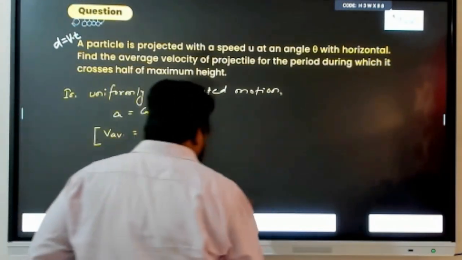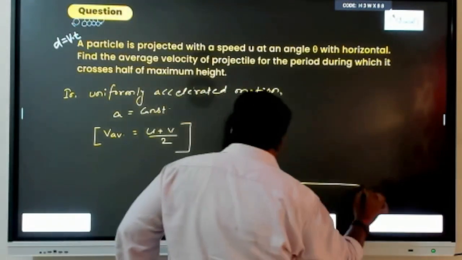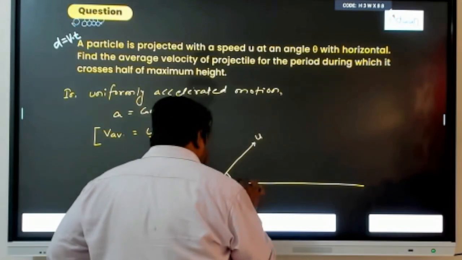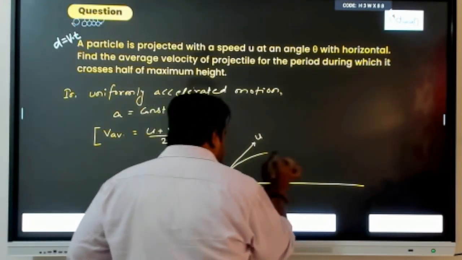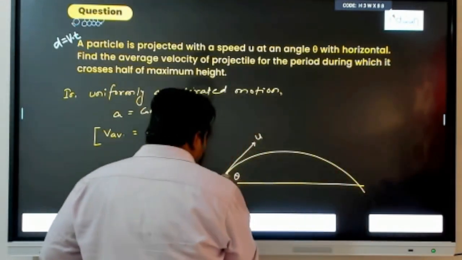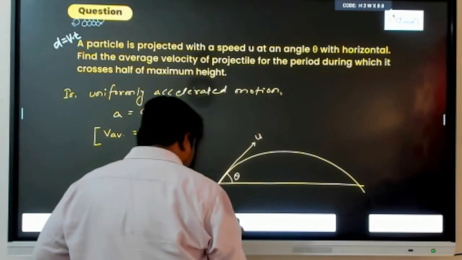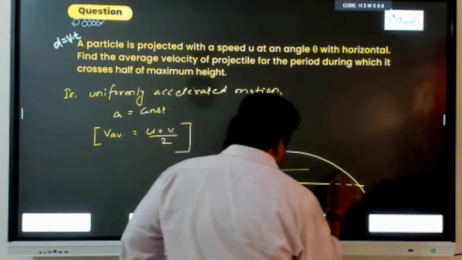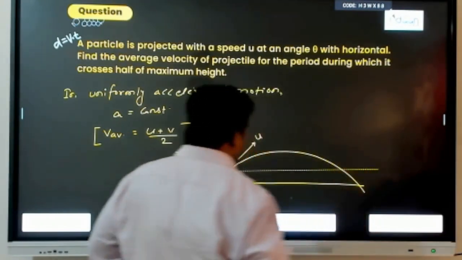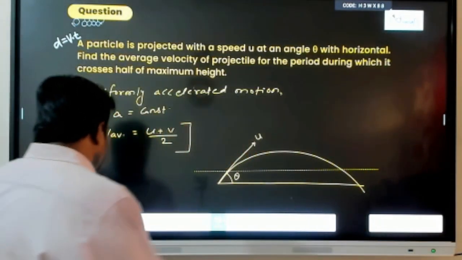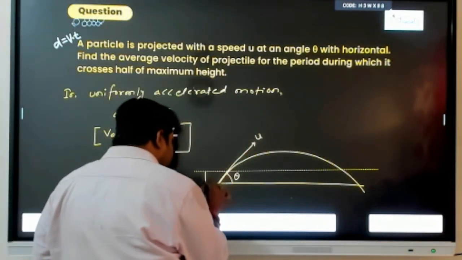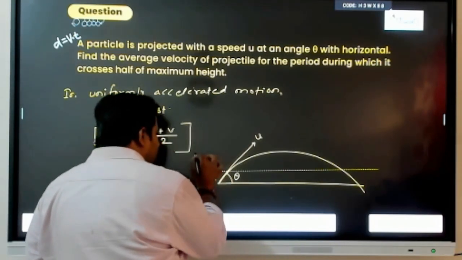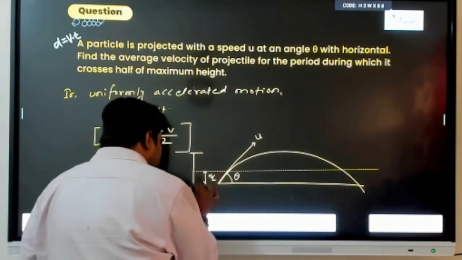Now depending upon this, if some object has been projected with the value u at some angle theta, projected this way, there is some height. Suppose this one is the height which is h by 2, this is h by 2, and this one is h, the complete h.